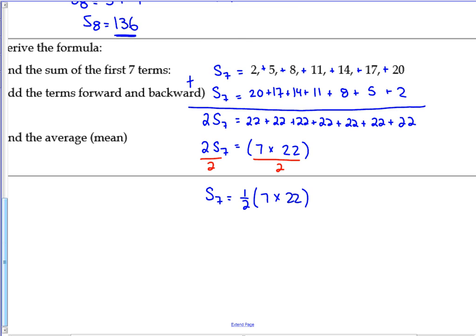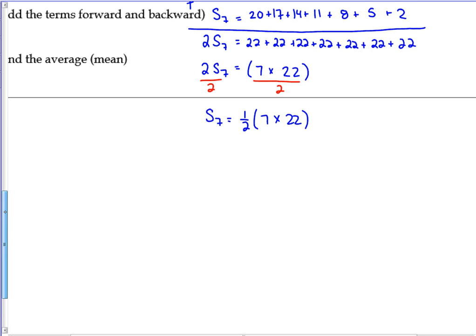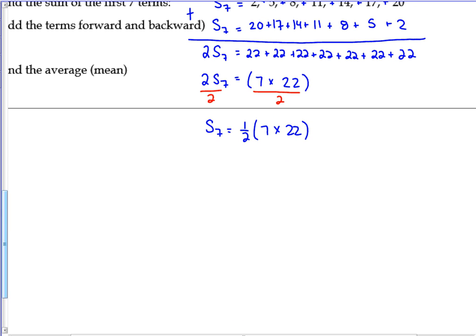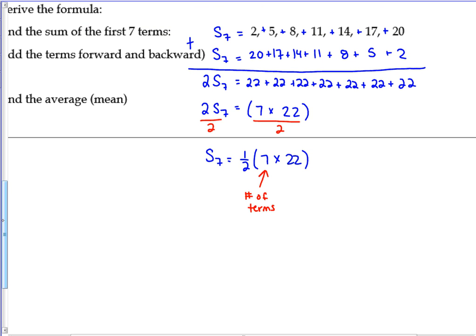So what does that mean? You're like, okay, I still don't understand why you're doing this. Well, in this question, how does the 7 relate to us? There's 7 terms. That's the number of terms. What's the 22?